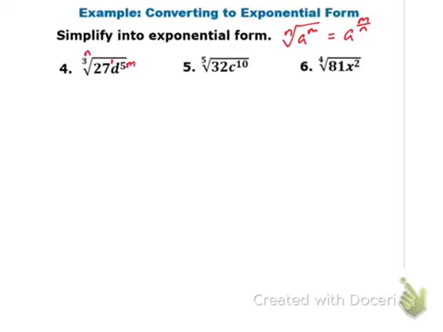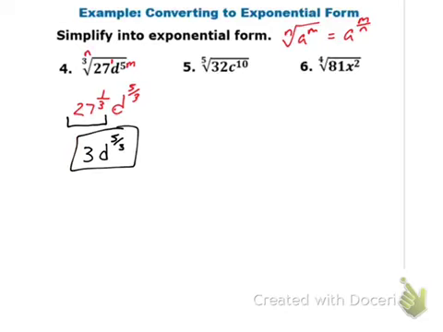So as we go to set this up, what we're looking at here is 27 to the 1/3 power, d to the 5/3 power. What we can do here is we can simplify this piece by putting it in the calculator. 27 to the 1/3 power should be 3. And so we've got d to the 5/3 power. So 3d to the 5/3 power.